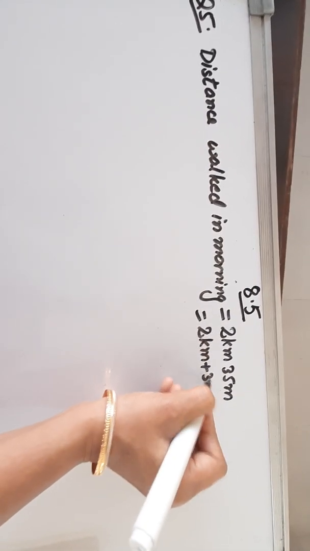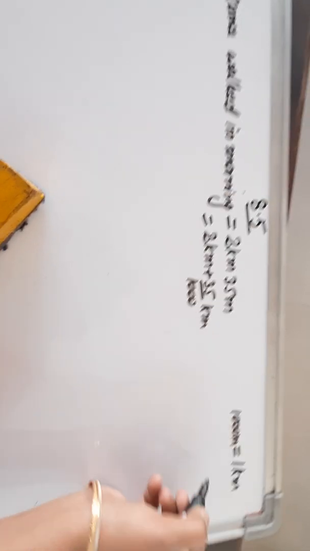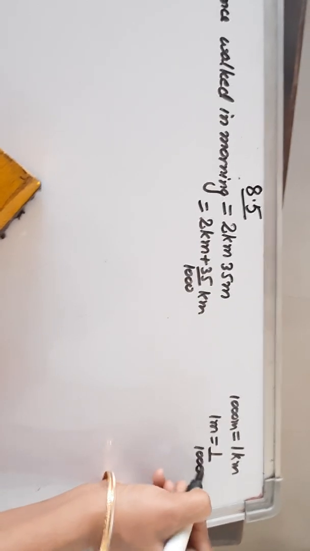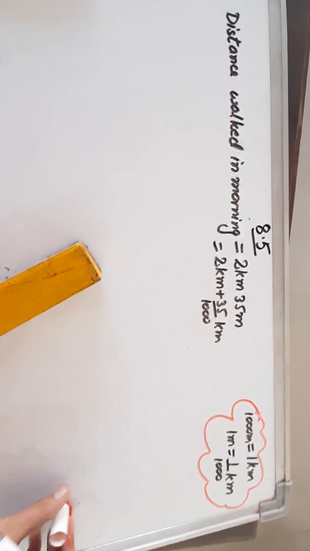So plus 35/1000 kilometers, because 1 kilometer is equal to 1000 meters. So 1 meter is equal to 1/1000 kilometers, right? So in this way write down this conversion in your notebook and then we will do the question.